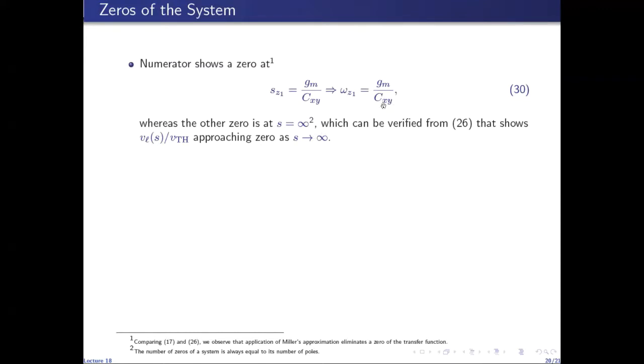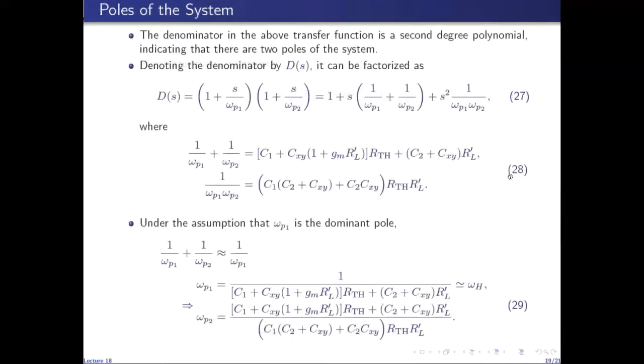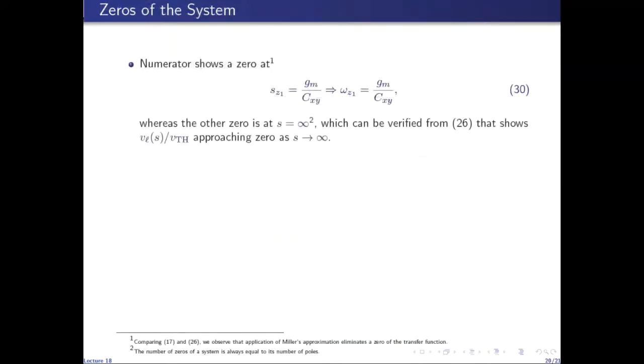So there is a zero here at this frequency and the other zero is at infinity. And since typically this bridging capacitance is much smaller than gm, the corresponding zero frequency is very large, and hence it has a negligible effect on the cutoff frequency, which justifies our assumption of dominant pole, because the corresponding zero frequency is typically large enough to have almost no effect on the higher cutoff frequency of the amplifier.